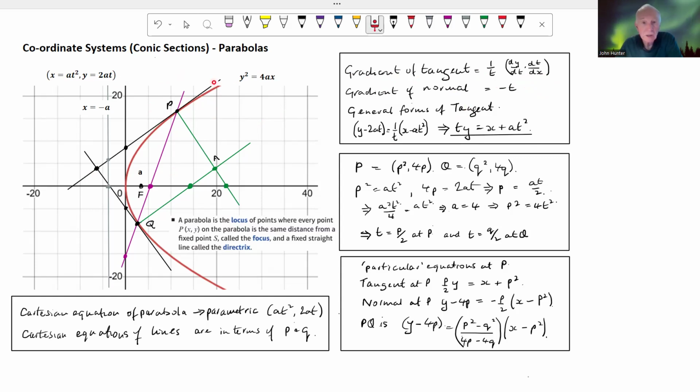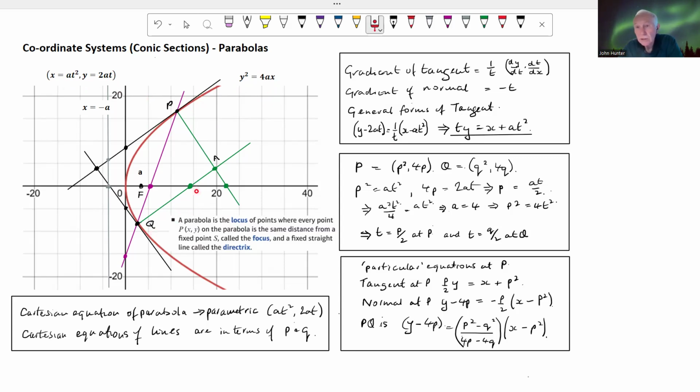I think it's fair to say with these problems that for the curve you're more interested in the parametric form than the Cartesian. The Cartesian tends to be given to you so that we've got a way of finding a. But normally it's the parametric version that you're concerned with for the curve.